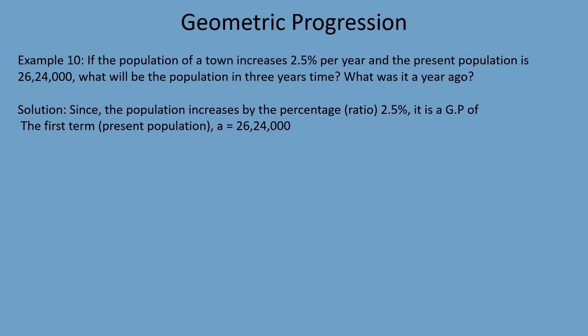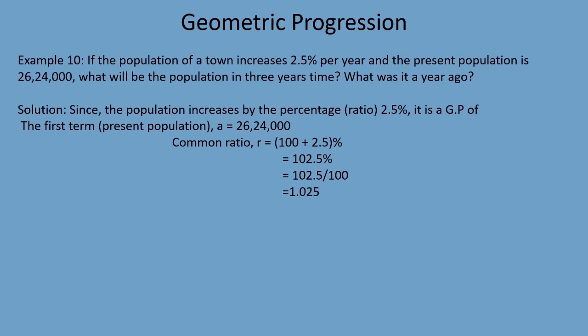The first term, the present population, a is equal to 26,24,000. Common ratio r is equal to (100 plus 2.5)% is equal to 102.5%, which is 102.5 by 100, which is 1.025.